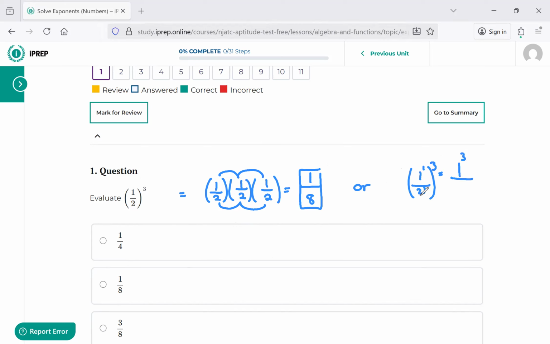And then the new exponent for 2: this 2 has an invisible exponent 1. So what's 1 times 3? 3. And what is 1 to the third power? 1. And what's 2 to the third? That's like saying 2 times 2 times 2. That's 8. Okay, so that's how you get 1/8. Not too bad, right?